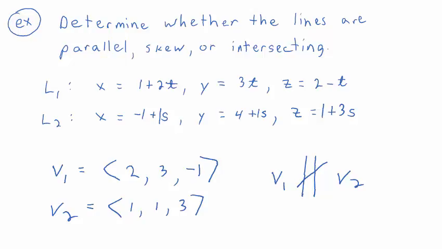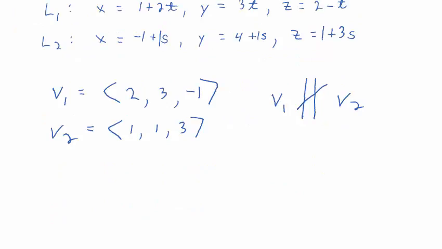Okay, let's see if they intersect. That's the next thing you're going to want to check. If they intersect, then there's got to be a t and an s value that produce the same point, the intersection point, which means I should be able to set x values equal and set y values equal, the x values in terms of t and s, and the y values in terms of t and s, to get a system of equations that I can solve to find this intersection point if it exists.